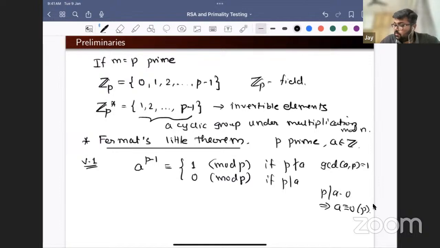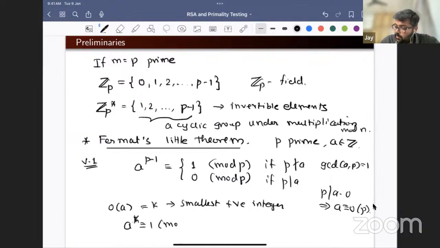Okay, now what is the order of a? The order of a is k, the smallest positive integer such that a raised to k is congruent to 1 mod p.